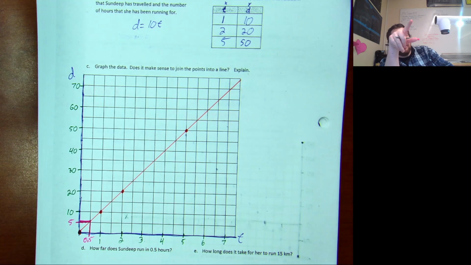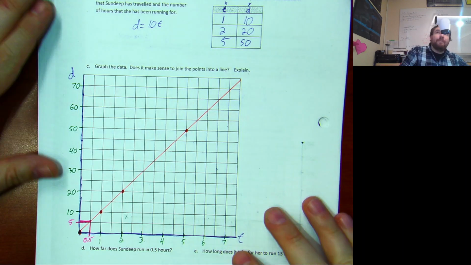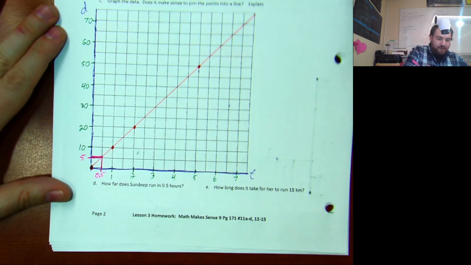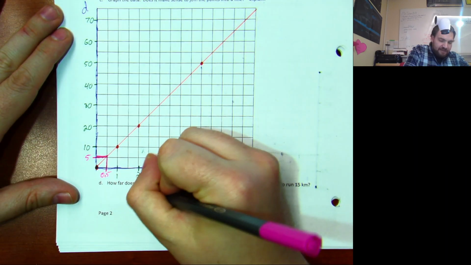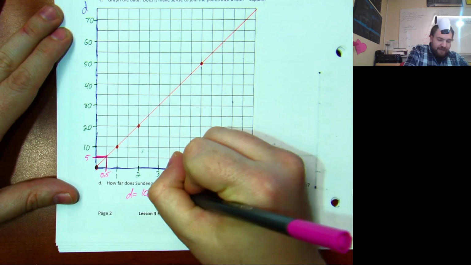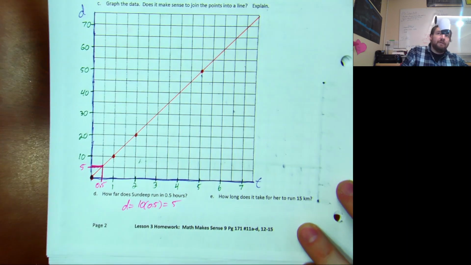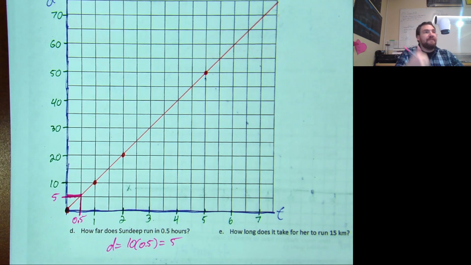You had another way to deal with this. Yeah, you could go back up to the top here and plug it into the equation that we generated at the beginning. D equals 10 times 0.5, so that equals 5. We can either use the graph as a tool, or we can use the equation that we generated as the tool.